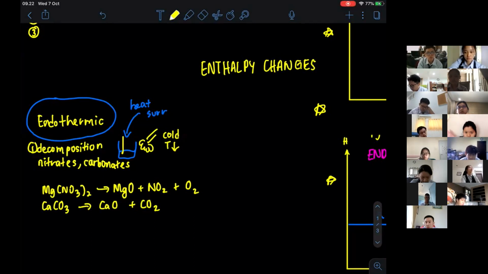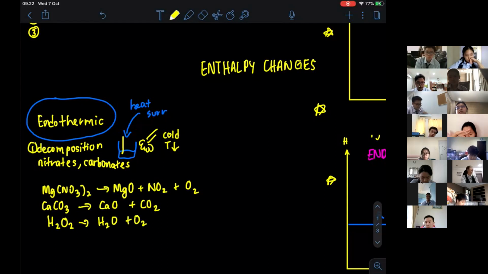But do take note as well of hydrogen peroxide, H2O2. It can also change into H2O plus O2, and this is also called decomposition. Therefore this is also going to be counted as endothermic, even though we don't actually learn it under the examples.